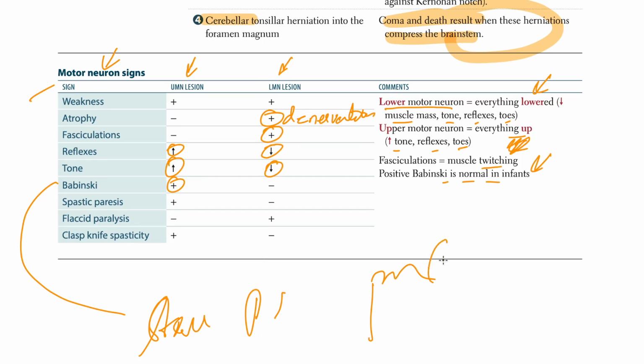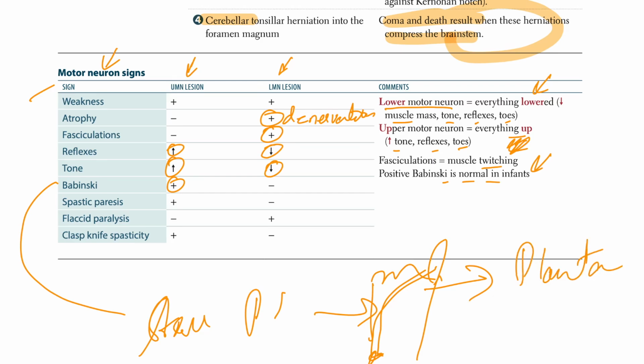When you stroke the lateral part of the plantar surface of the foot, from heel all the way to the big toe, normally it's going to give you plantar flexion in adults we're talking about, not in infants. And what is plantar flexion? The toes will go down, like they will bow down, so to say.